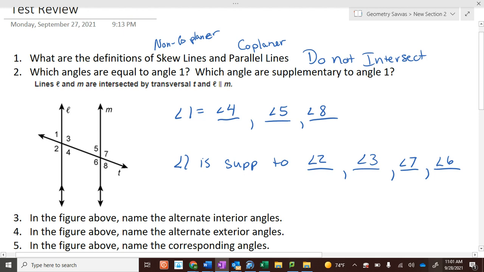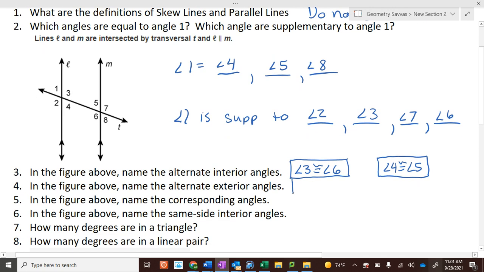Okay. In the picture above, what are the two sets of alternate interior angles? There's two sets of them. What's one of them? 3 and 6. What's the other pair? 4 and 5. Okay.